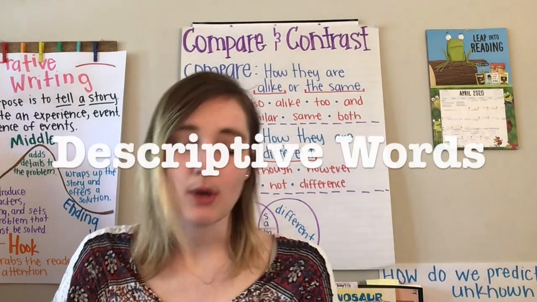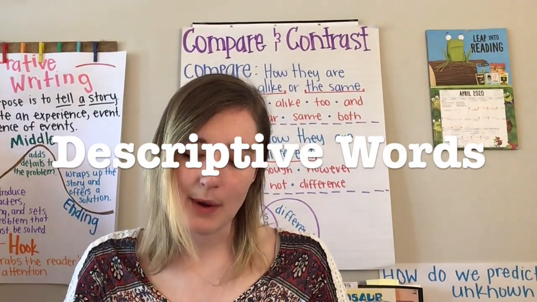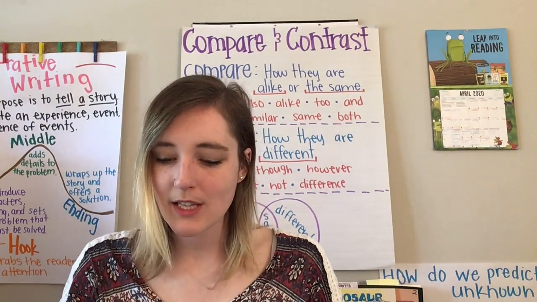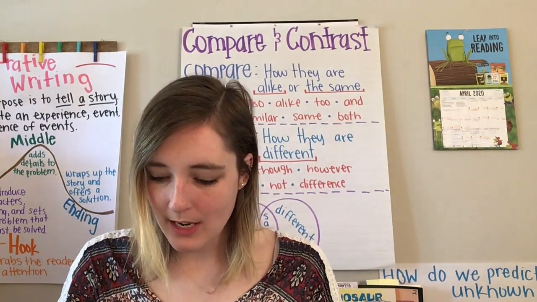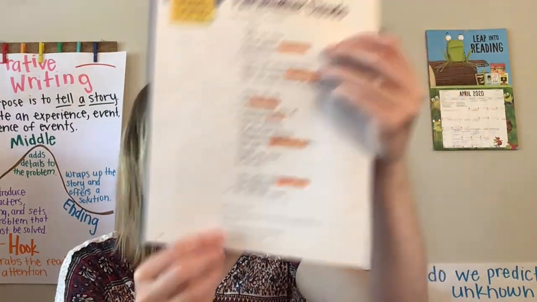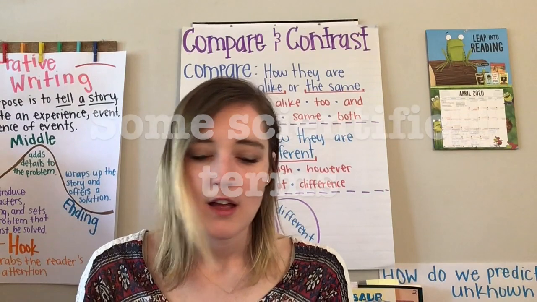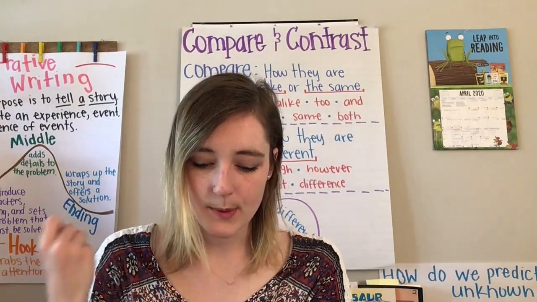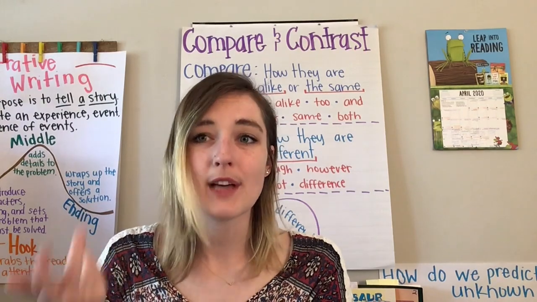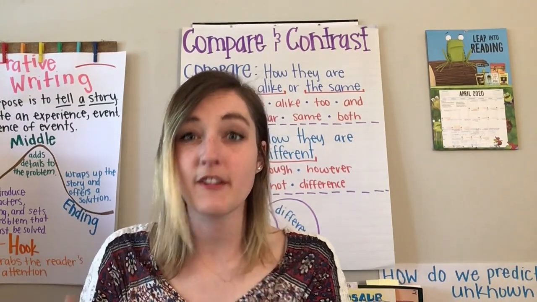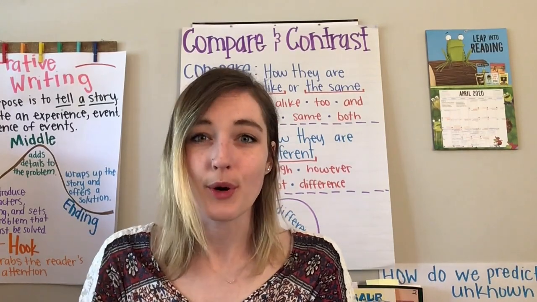So I see a lot of descriptive words. So for vocabulary, write descriptive words. But I also see splay, cumulus, nimbus, and billowing. Right here, there are definitions of them. So I also see some science terms in there too. I see especially cumulus and nimbus. Those are two types of clouds that are out there. So there's a little bit of scientific words in our poem, which is really cool.